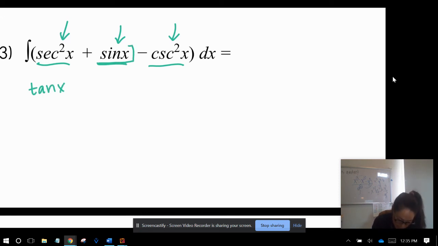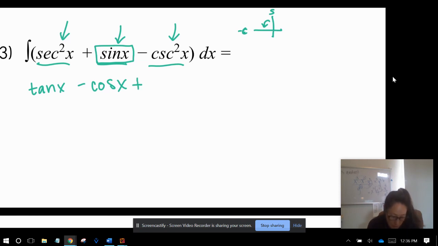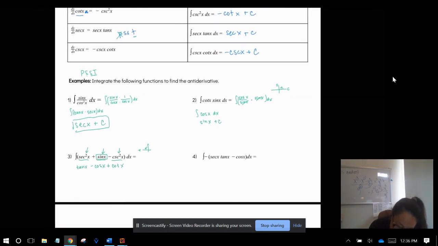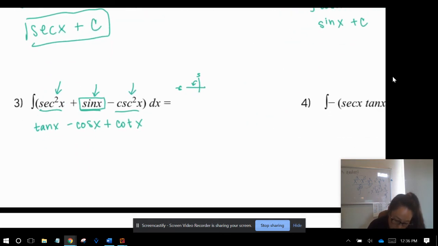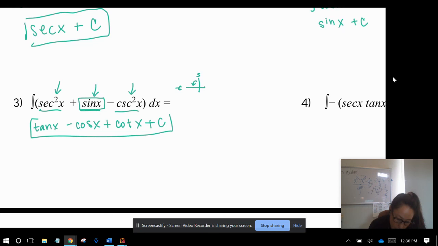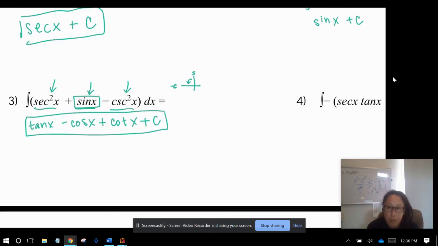The antiderivative of positive sine, I'm going to go counterclockwise, so I'm going to negative cosine of x. The antiderivative of cosecant squared x is negative cotangent, so it's going to be the opposite sign, so cotangent x. And then I'm adding my constant of integration. These really you just kind of have to remember.